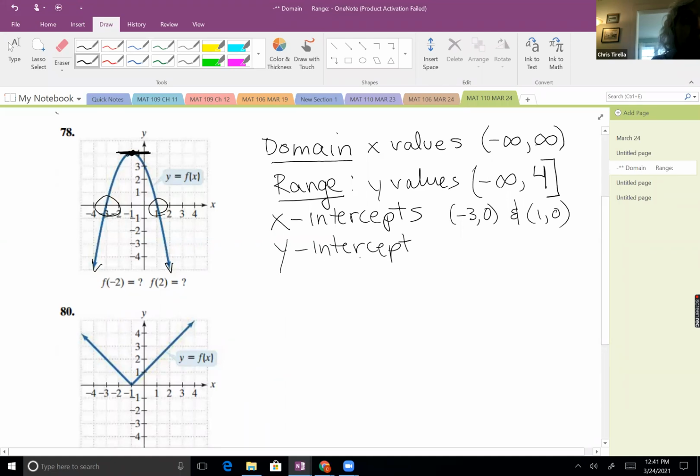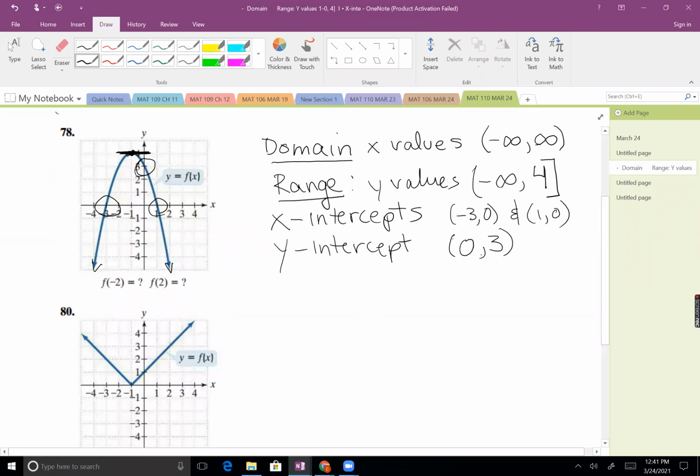Y-intercept, it crosses the y-axis over here at 3. That would be the point with an x value of 0 and the y value of 3. Wait, so for the x-intercept, would I type in both of those? -3, 0 and 1, 0?